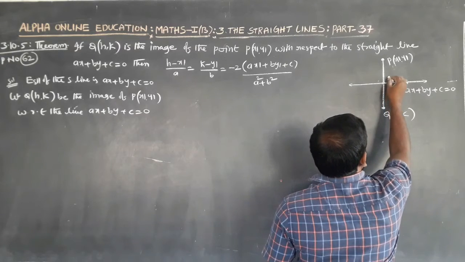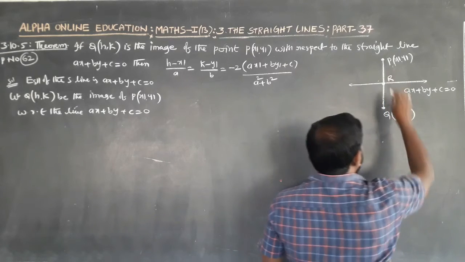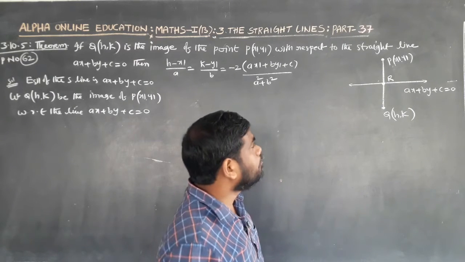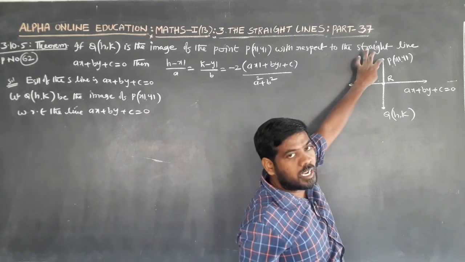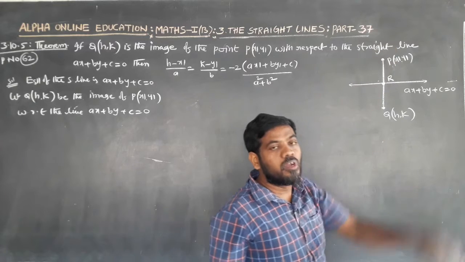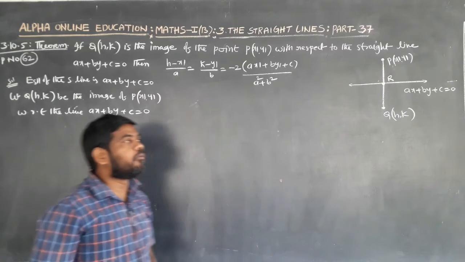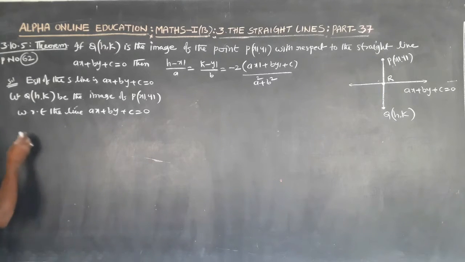Here this is the point R. R is the midpoint of the line PQ.